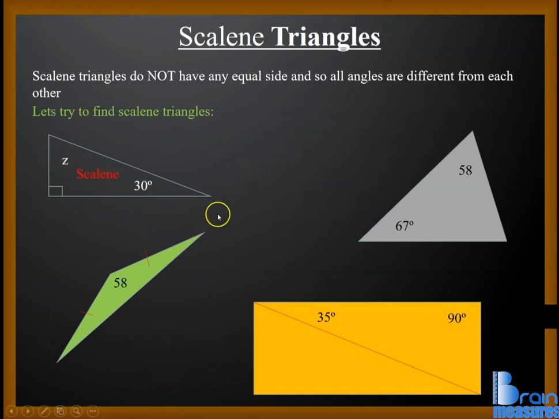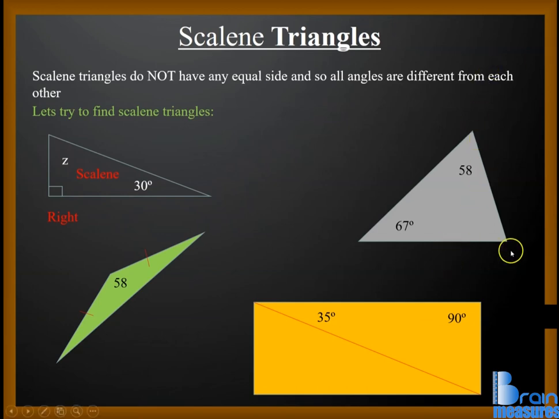But we also note that there is a right angle right here. So this scalene triangle is also a right angle triangle. Now I want you to pause the video, try to go through the remaining three, and then when you've done that, come back and play the video and see whether you get this right or not.